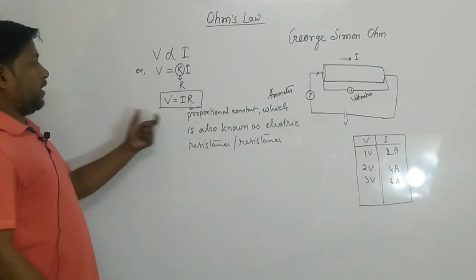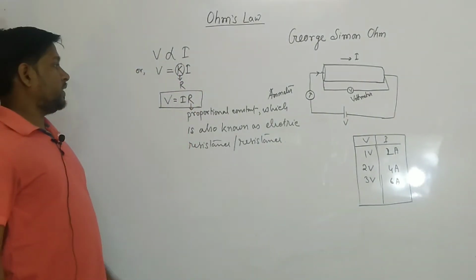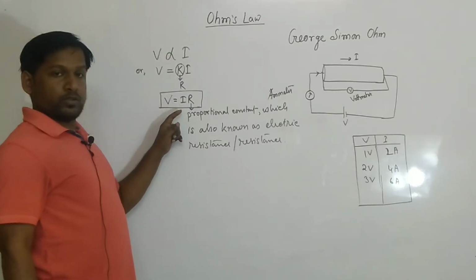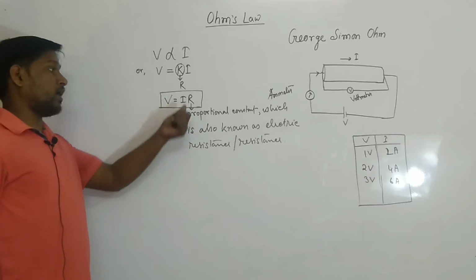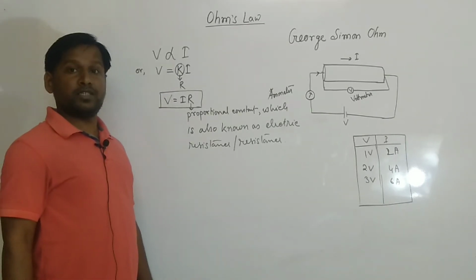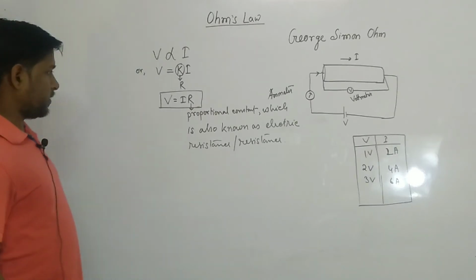So this is the ultimate form of Ohm's law, which relates voltage with electric current, and V equals IR. This is the relation where R is a proportionality constant and is also known as resistance of a conductor.